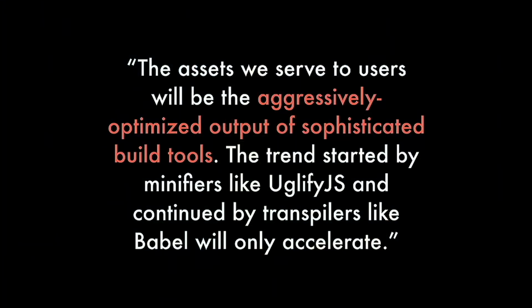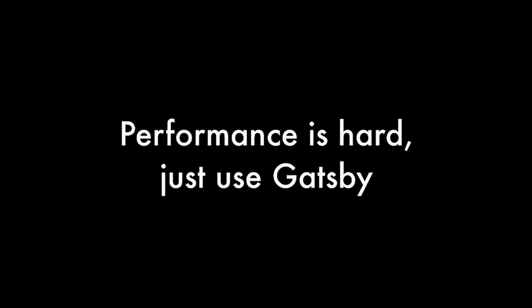Increasingly, the bytes that get shipped to browsers will bear less and less resemblance to the source code that web developers write. The assets we serve to users will be aggressively optimized output of sophisticated build tools. And the trend started by minifiers like Uglify and Babel will only accelerate. So the conclusion is performance is really hard. So I suggest using Gatsby, if it fits your use case, of course.